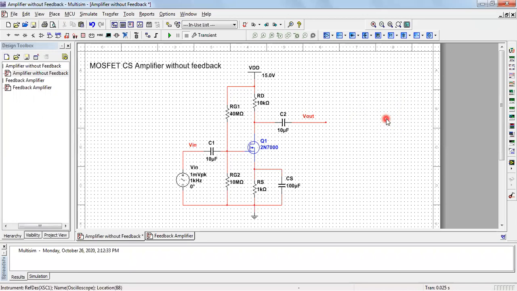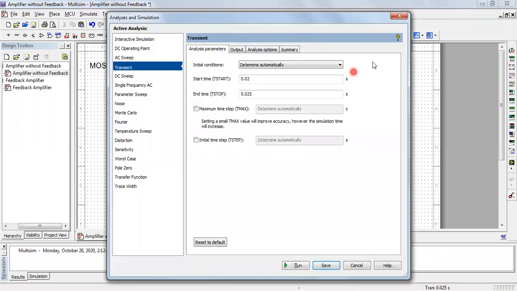I will prefer the transient analysis, so I will go for a transient analysis. These are the transient analysis parameters.